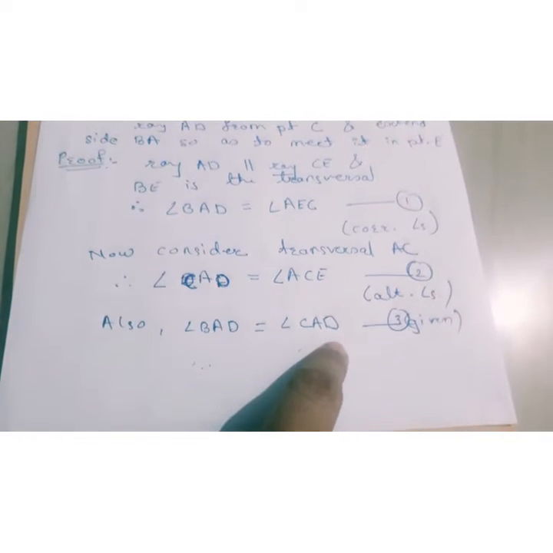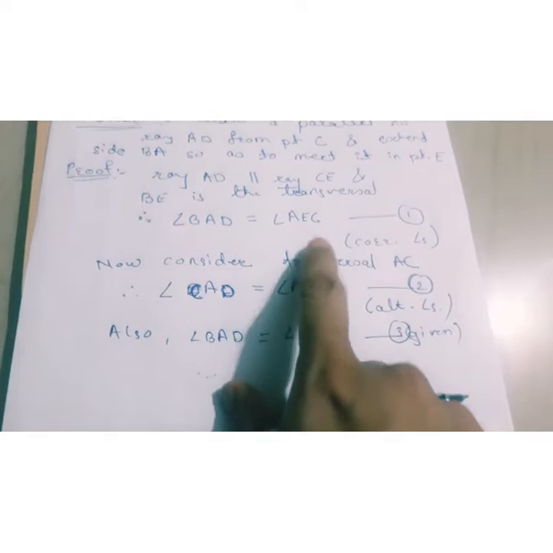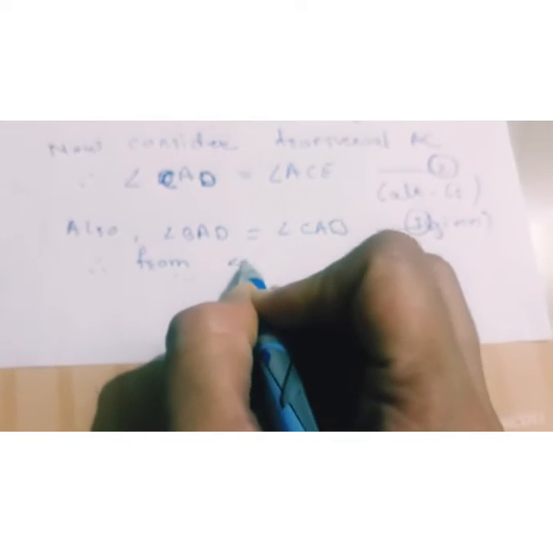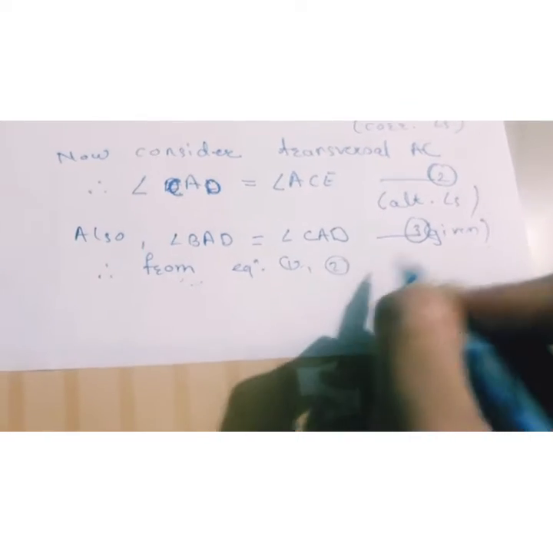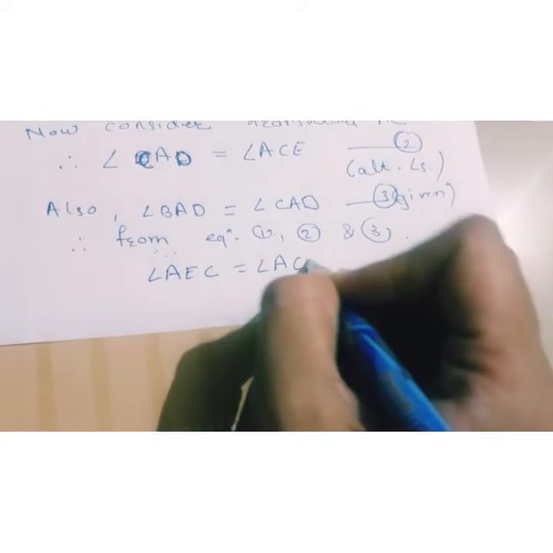BAD equals CAD, CAD equals ACE. Therefore, from equations 1, 2 and 3, angle AEC is the same as angle ACE.